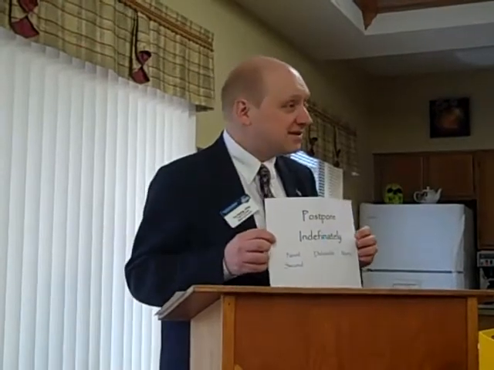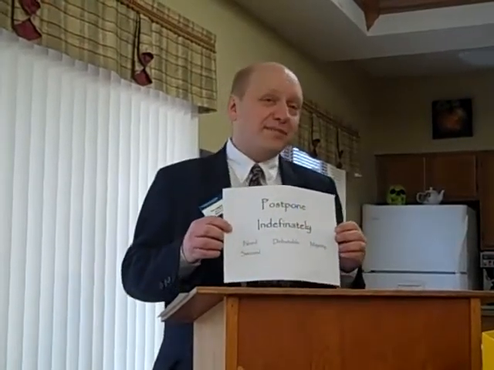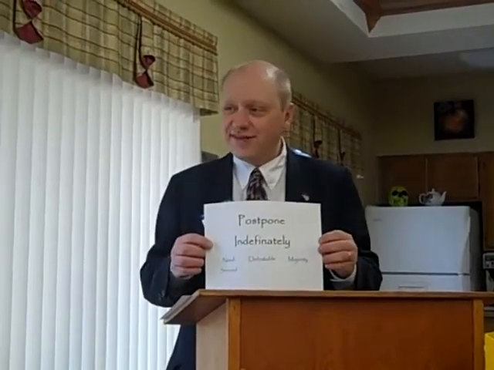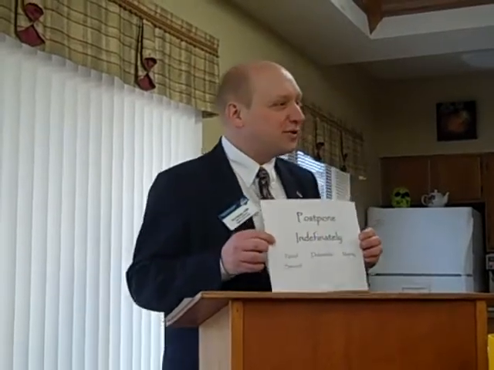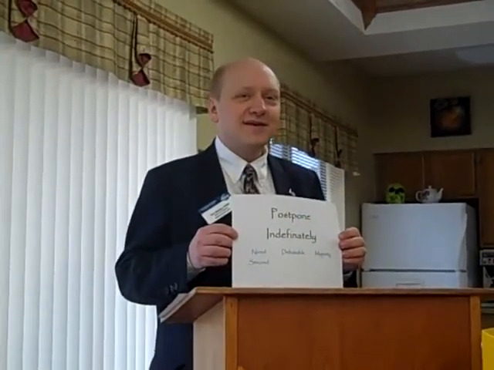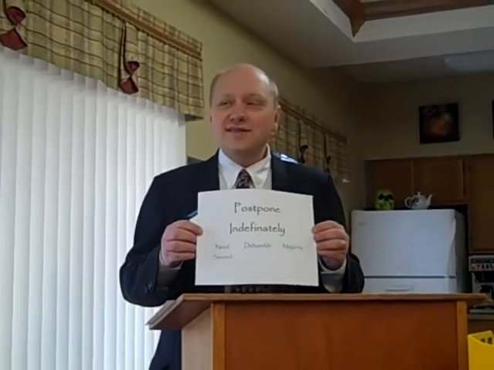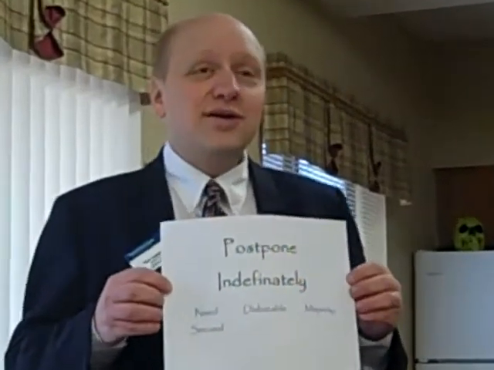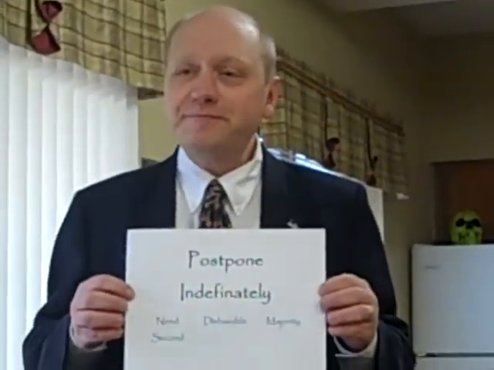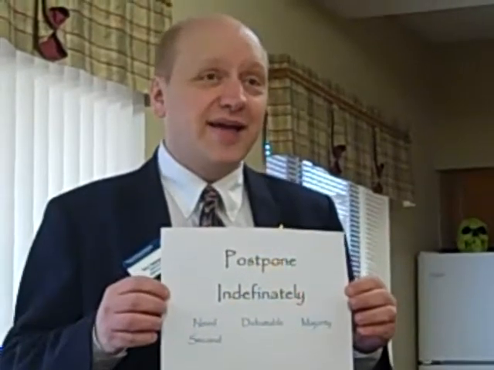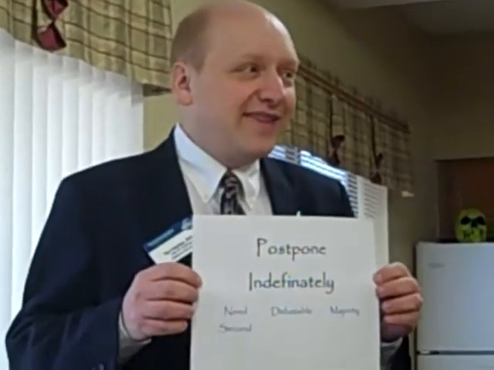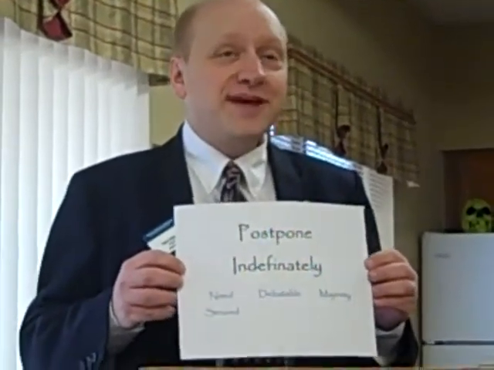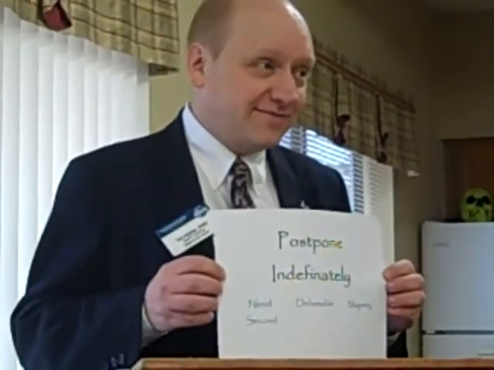If you pass it, you might offend half the members, and if you don't pass it, you might offend the other half of the members. So you would postpone it indefinitely to prevent the assembly from actually taking a position on it. You could also use this for situations where voting on the motion might be detrimental to your organization.